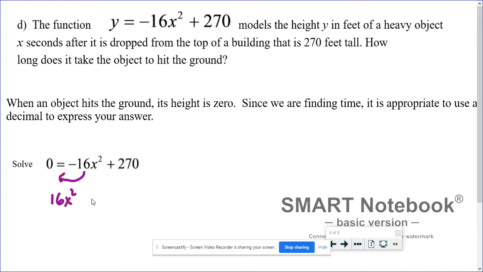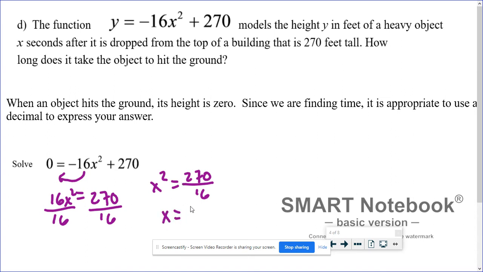You get 16x squared equal to 270. We'll divide both sides by 16. And you get x squared is equal to 270 divided by 16. Take a square root of both sides, and you're going to get x is equal to square root of 270 over square root of 16. Square root of 270, 270 can break into 27 and 10.